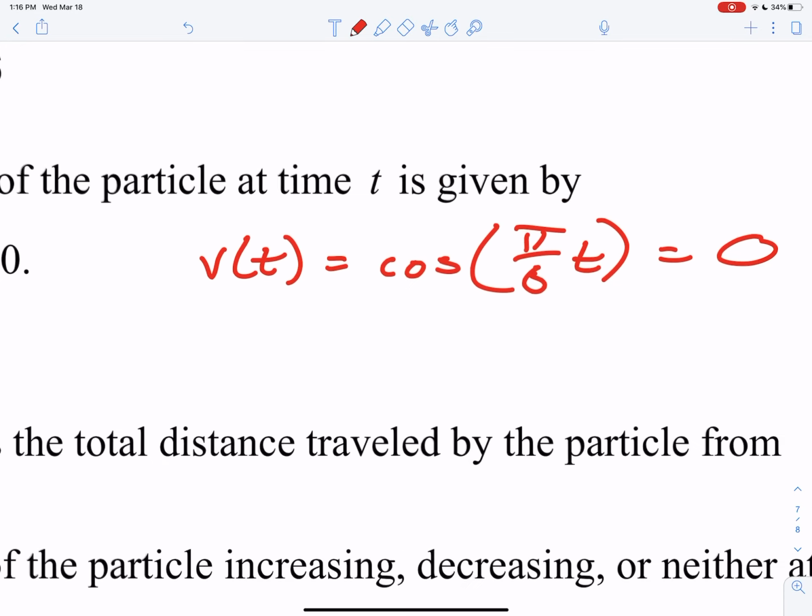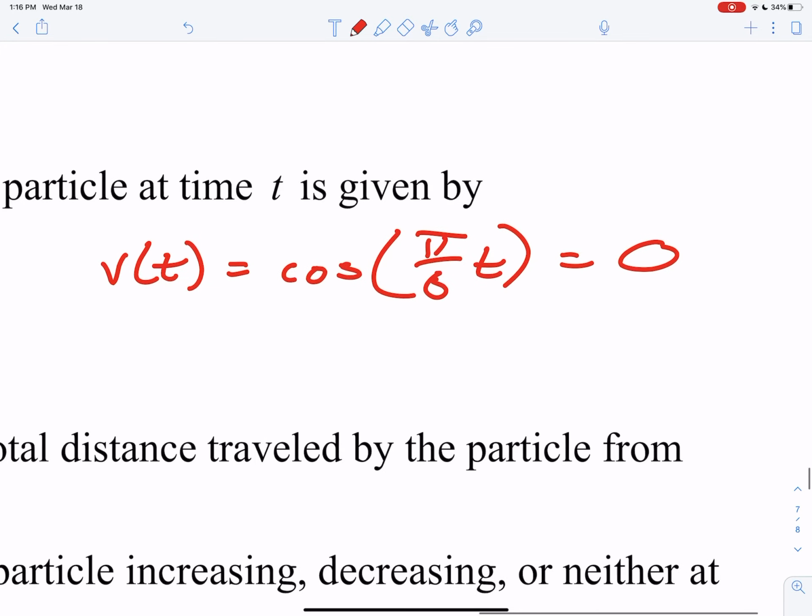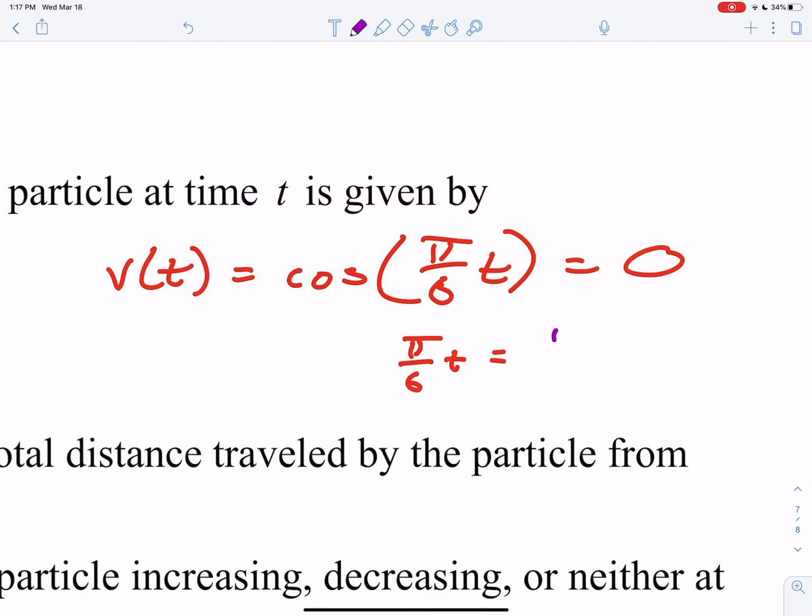So a little bit of a trig review. Cosine will come out to 0, and you want to look at your unit circle if you forgot. Cosine will come out to 0 at pi over 2 and at 3 pi over 2.